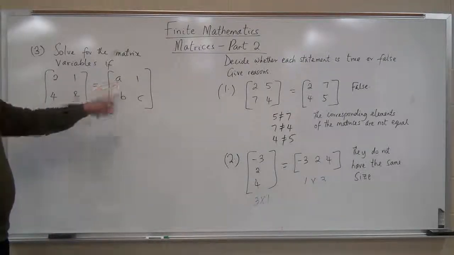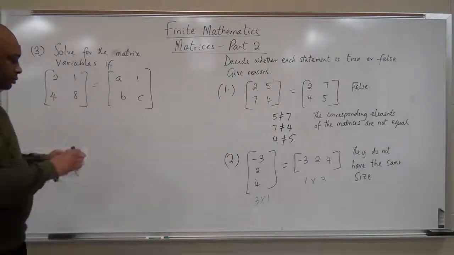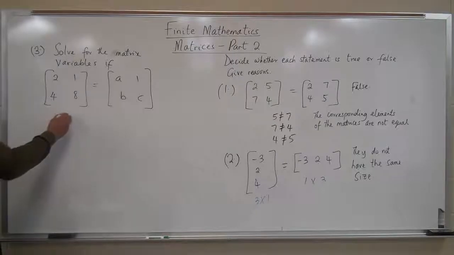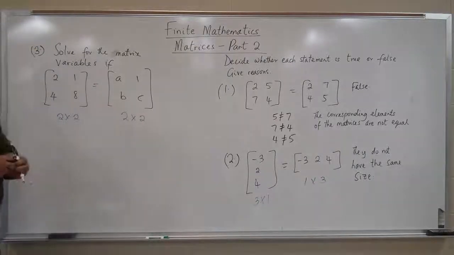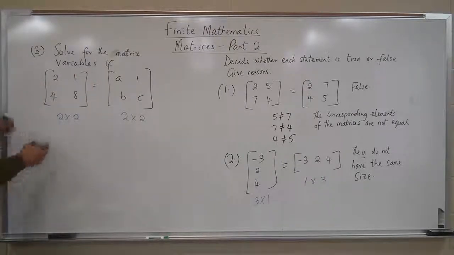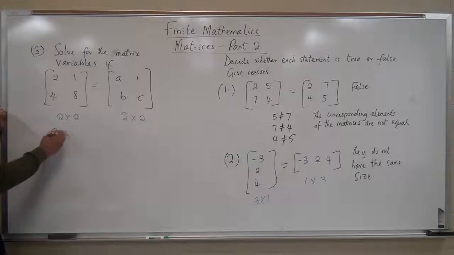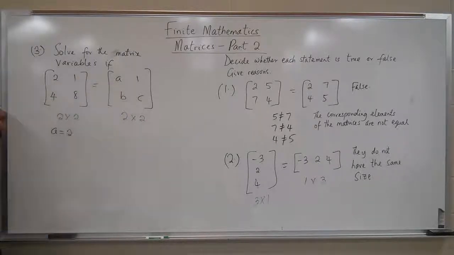What are the variables here? A, B, C. So you check it first. This is 2 by 2. This is 2 by 2. So the first condition is satisfied. And then, of course, you now apply the equality of matrices. When we apply that, A will be equal to 2. 1 is equal to 1, which is correct. And then B is equal to 4. And then C is equal to 8.